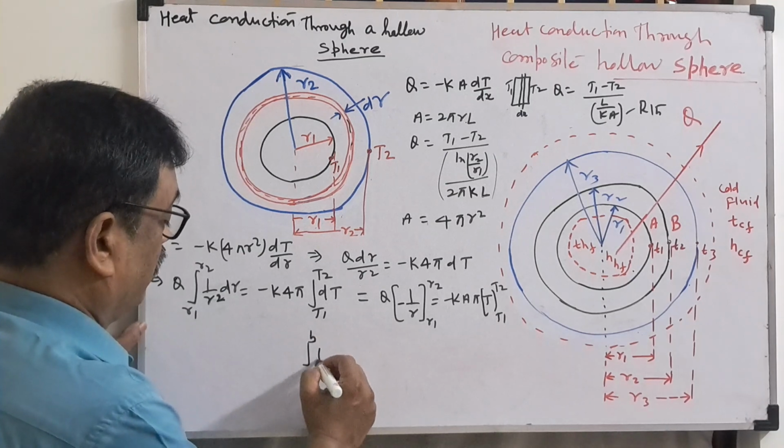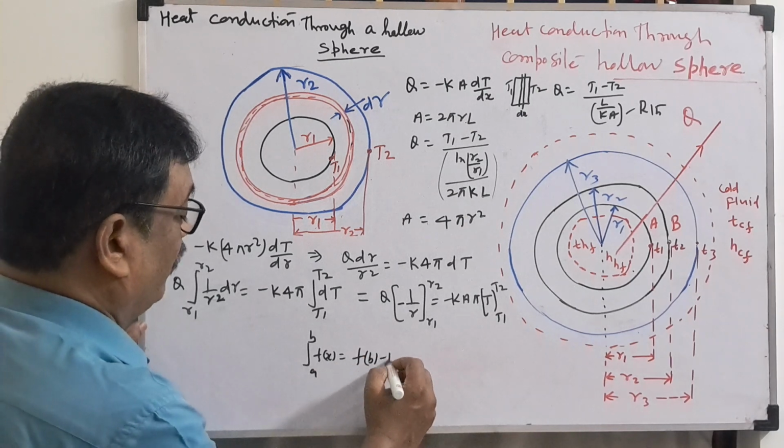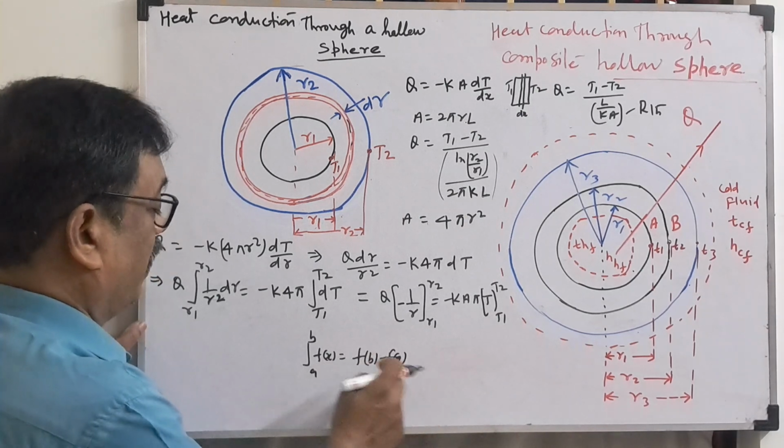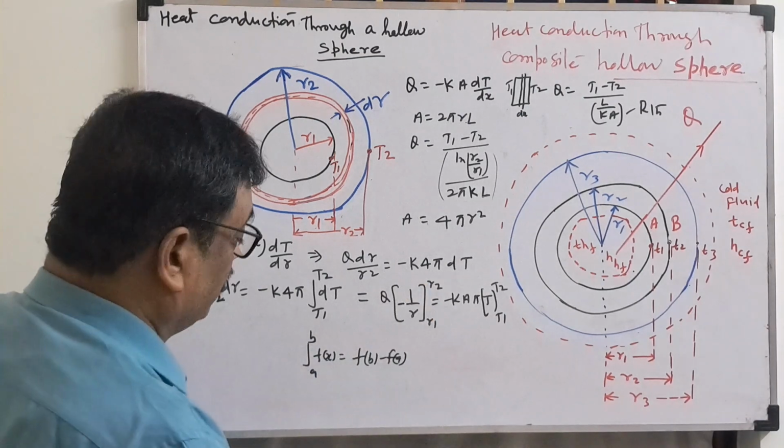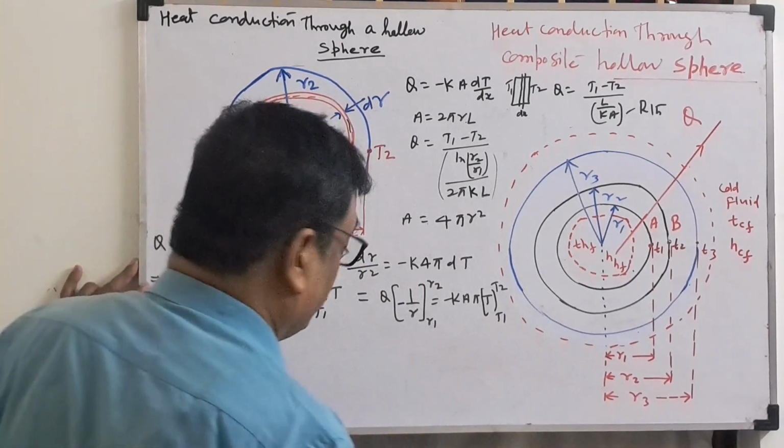As you already know, if f(x) is a function with upper limit b and lower limit a, we can write f(b) minus f(a), upper limit minus lower limit. Similar things I am going to write here.